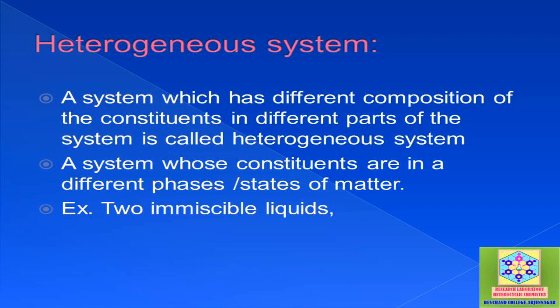If we take two immiscible liquids together, they do not mix into each other and hence form two different layers, lower layer and upper layer. Though both the liquids are belonging to the single state of matter, that is liquid, still these are two different phases, as the upper layer and lower layer are having different composition, and that is why the system is heterogeneous system.